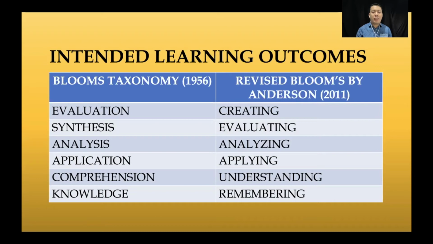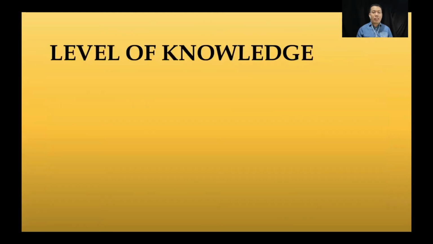For the revised Bloom's taxonomy or RBT: remembering, understanding, applying, analyzing, evaluating, and creating. So there are changes even in the way you spell it: the revised Bloom's ends with ing, while Bloom's taxonomy is as is.